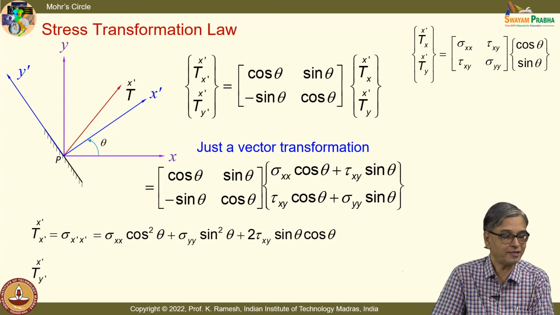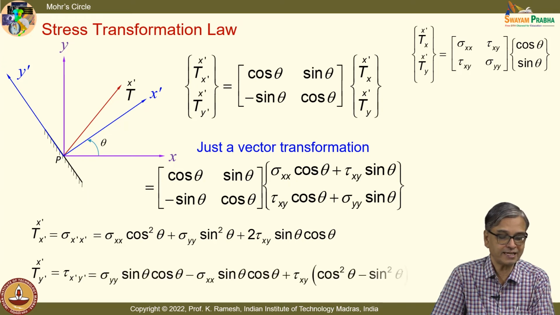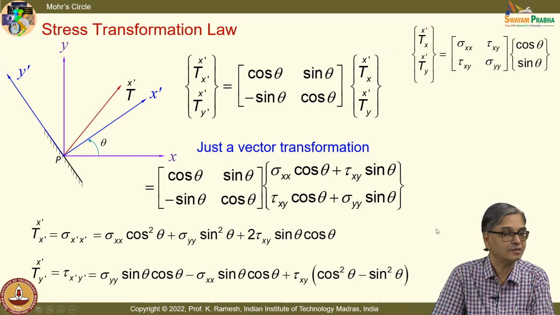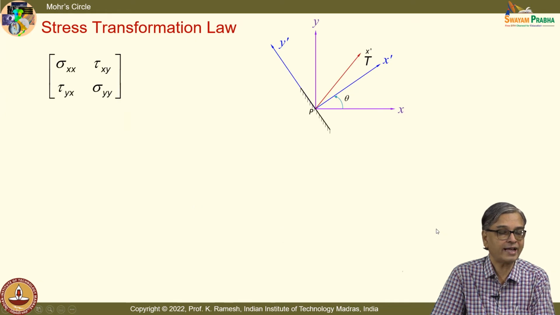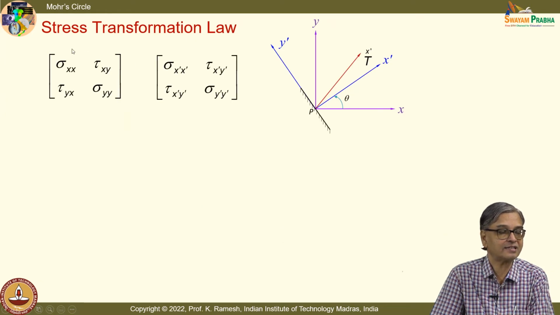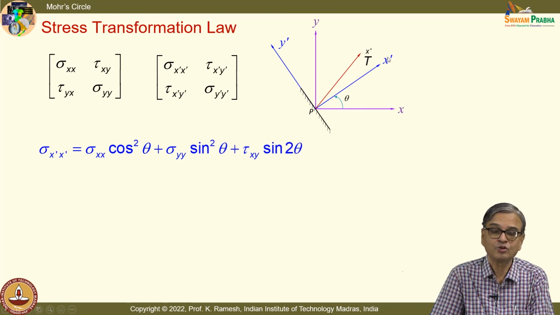Is there a possibility for simplification? The second expression I can simplify. I can put this as cos 2 theta. I can put this as sin 2 theta. Fine. Then I will go and manipulate this. This is what I am going to do. Okay. So, I have stress tensor sigma xx, tau xy, tau yx, sigma yy, which you will have to get in the new reference axes x prime y prime.